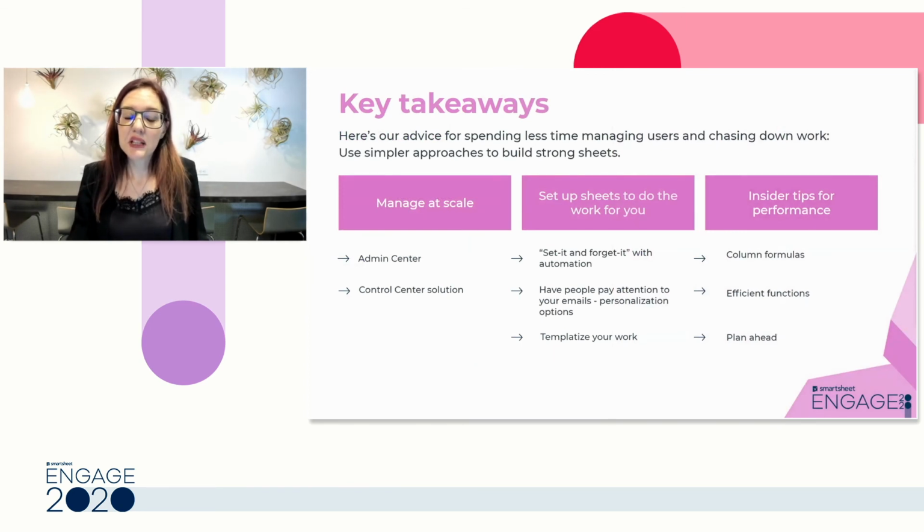So key takeaways: keep it simple. Manage your users and your large portfolios and projects with Admin Center and Control Center. Let Sheets do the work for you. Let Sheets do the work with column formulas and automation. Templatize your work. Make the recipients care about the notification emails that they may receive.